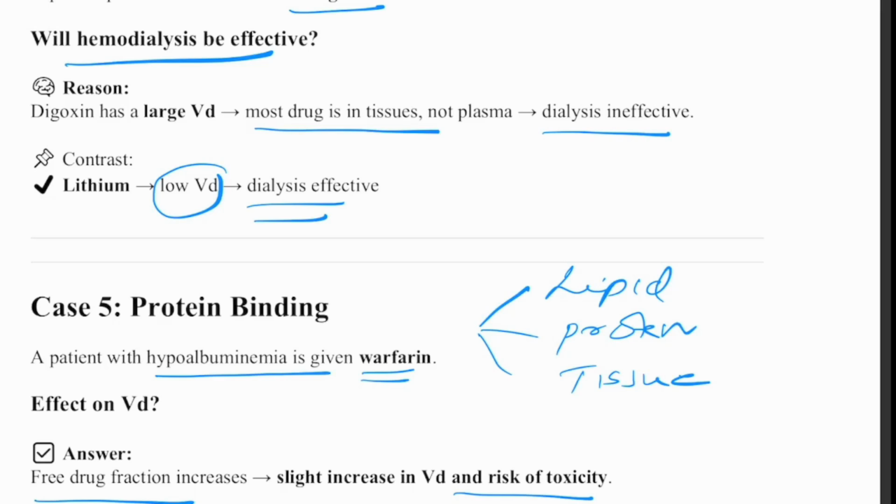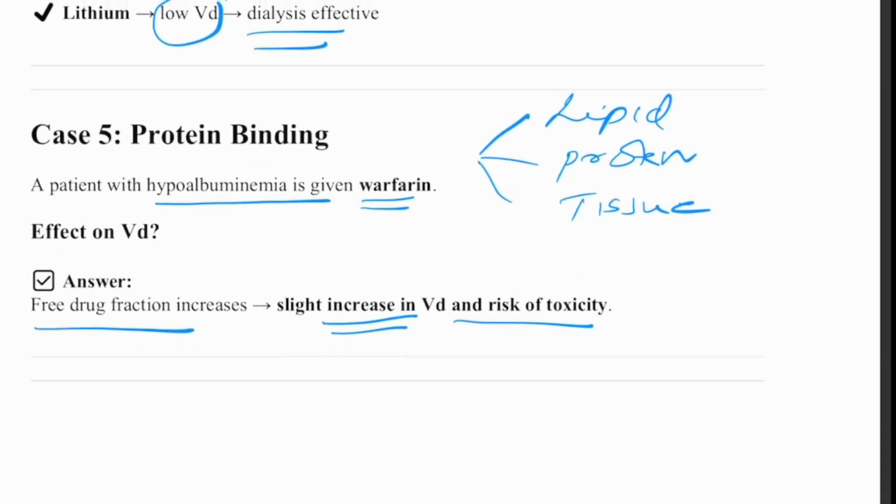In such patients given drugs like warfarin, less protein is there to bind it, so the free drug fraction increases and there is an increased risk of toxicity. And what happens to the volume of distribution? A mild increase, because when there is less protein binding, more drug can enter the tissues, so the volume of distribution also increases. Hope you understood the mechanism.